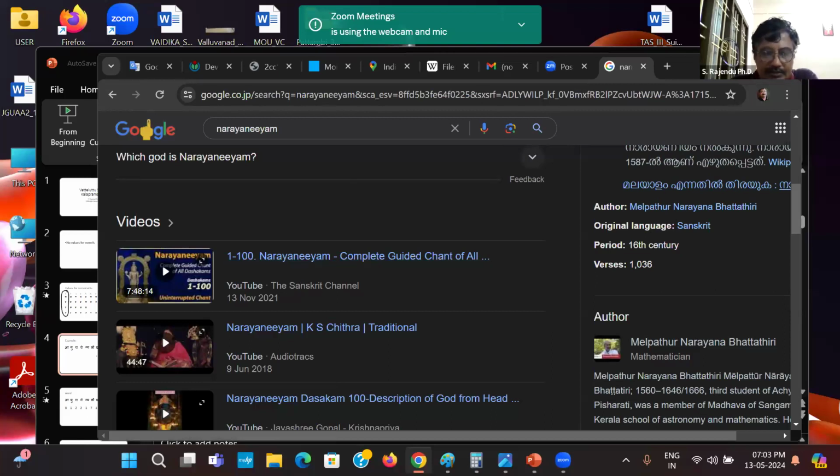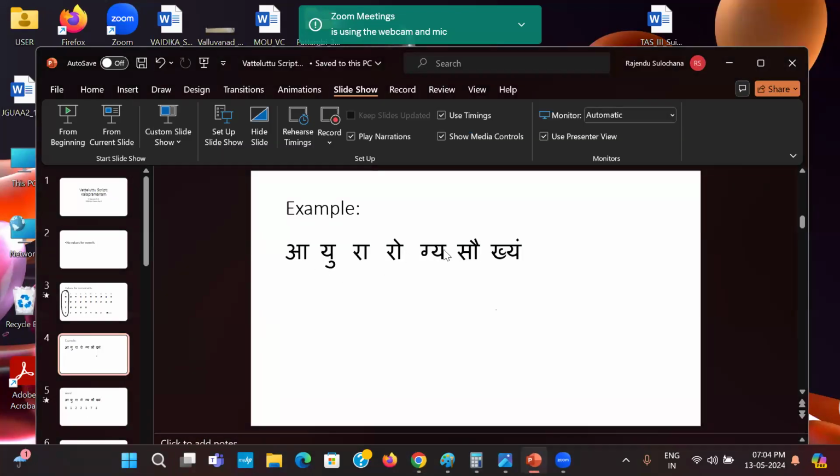Here, Ayur Arogya Saukyam is used to date the Narayaniyam. Narayaniyam is a 16th century poetry written by Melputtur Narayana Bhattadiri to praise Lord Guruvayurappan, Mahavishnu.